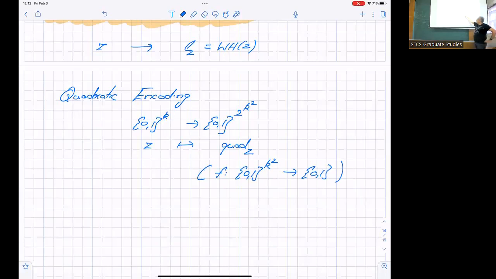Every element of the input I can view as a matrix. For every element M, it's going to output the summation of mij zi zj. Quad Z is this function.